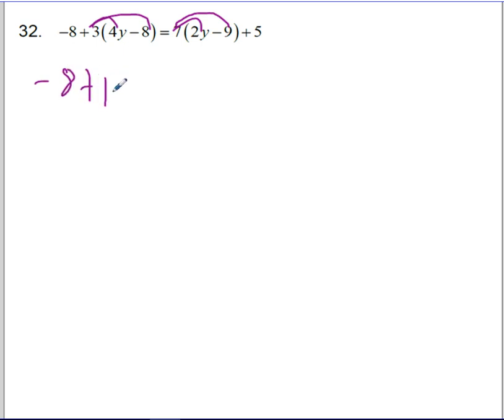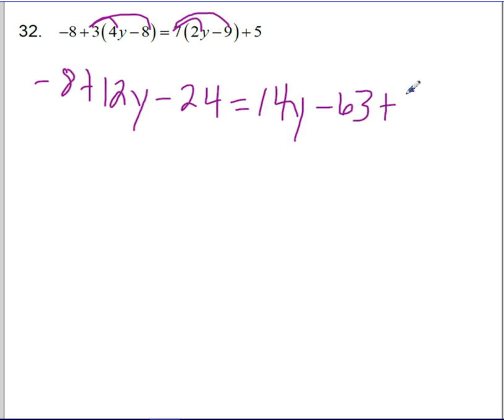Then 3 times 4y will be 12y. 3 times -8 will be -24. And that equals 7 times 2y will be 14y. And 7 times -9 is -63. And then we have our +5.